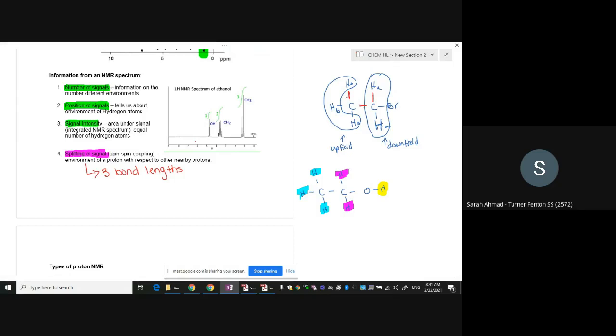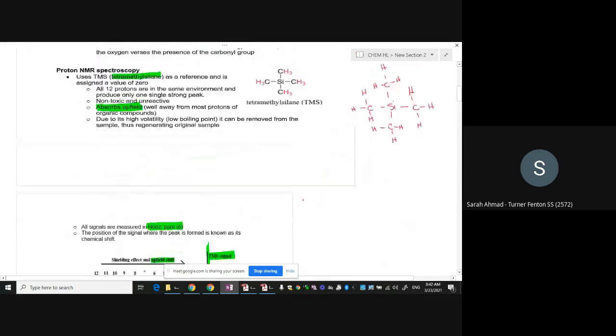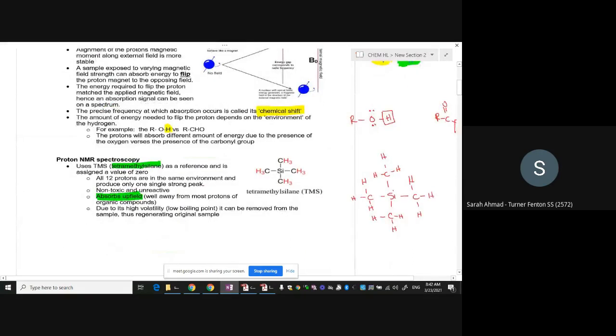If you're more than 3 bonds away, splitting will not happen. So for example, this hydrogen here could, 1, 2, 3, impact these protons, but 1, 2, 3, 4, these protons will not be impacted and there won't be any splitting. So if I go back to tetramethylsilane and I use this rule, notice how this is 1, 2, 3, 4 bonds away.